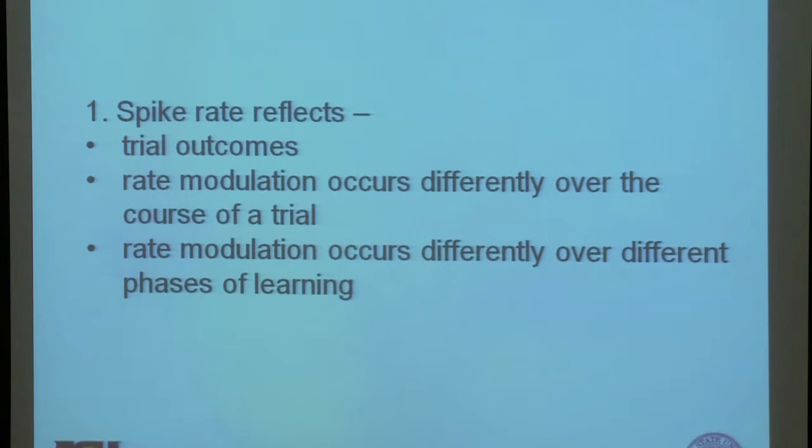The neuron fires, the rate changes. It's not always a constant rate over a trial. And the rate modulation occurs differently for different phases of learning. When he was learning the task, and at the point where he finally learned the task, the firing rates are different as well. So basically what we saw is that firing rate changes over the entire process of learning and within each trial of his behavior.